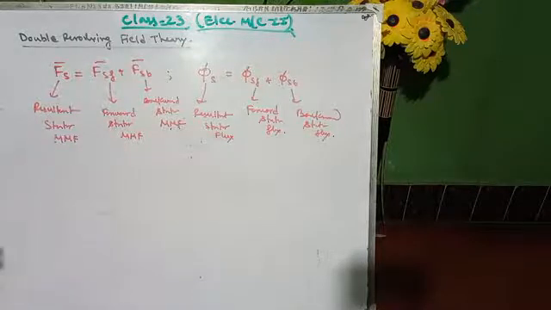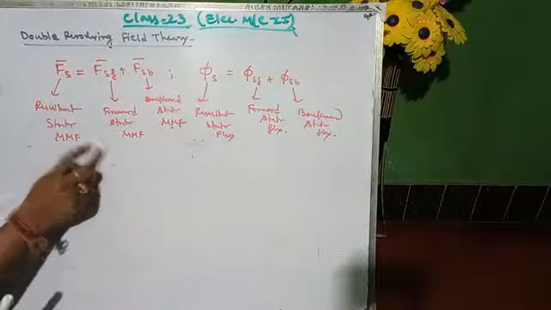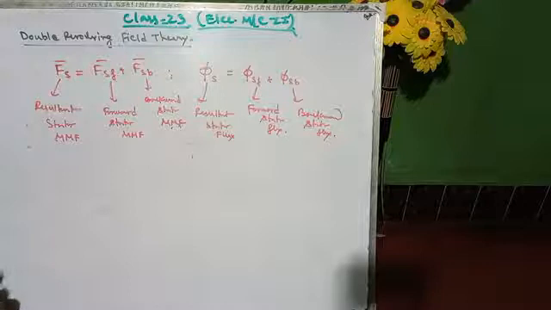So from the starting to the moment of achieving the rated speed, the forward rotating MMF and the backward rotating MMF are equal in magnitude and opposite in direction.